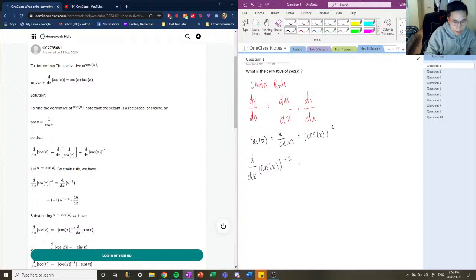So we have a function within a bigger function, right? So let u equal cos x. Now if we use our chain rule here, we get du over dx times dy over du.